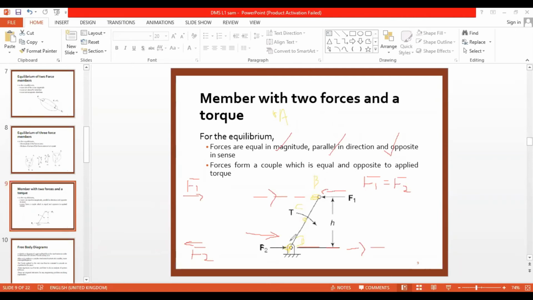Only thing is easiness, I told you now. So which point we are selecting would be the easiness, right? So in this particular diagram, either B or D would be fine. It will not make any difference.